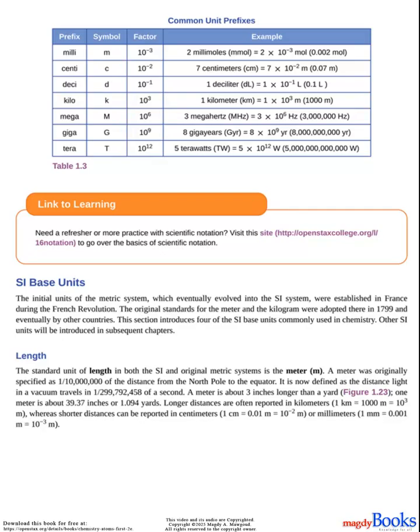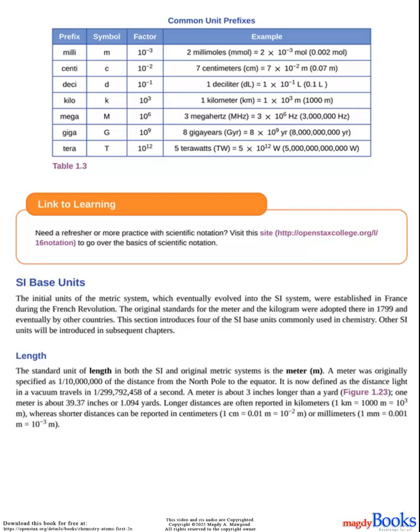Deci, d, 10 to the power of negative 1. 1 deciliter, dL, equals 1 multiplied by 10 to the power of negative 1 liter. 8. Kilo, k, 10 to the power of 3. 1 kilometer, km, equals 1 multiplied by 10 to the power of 3 meter.